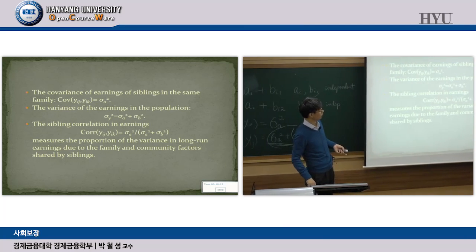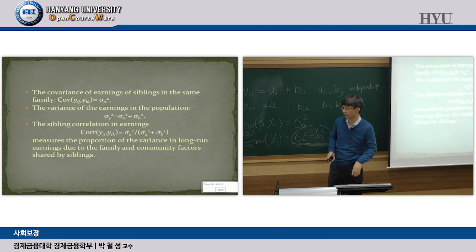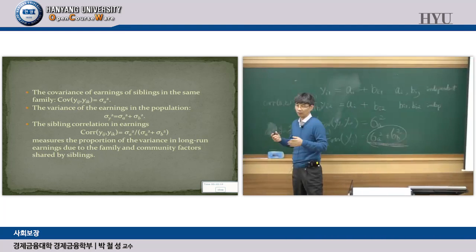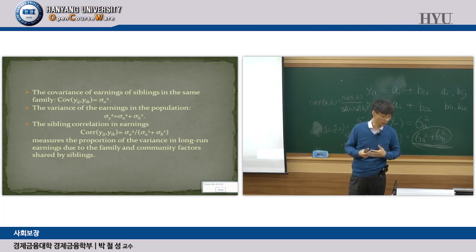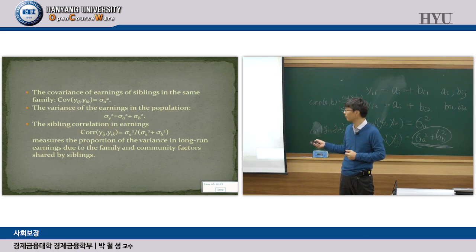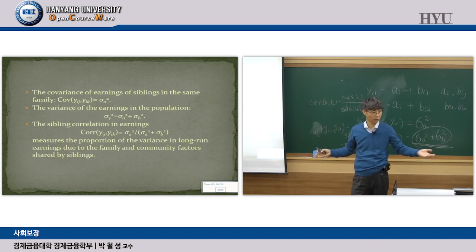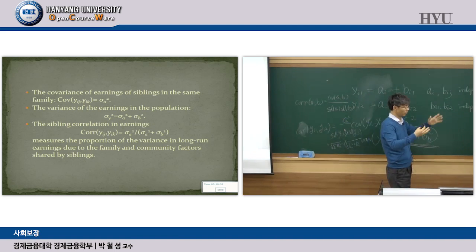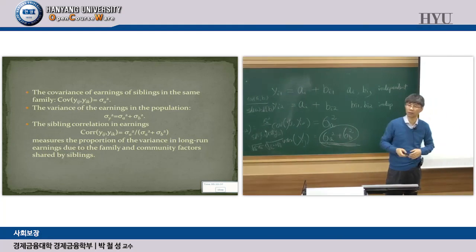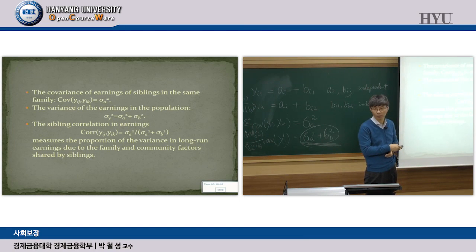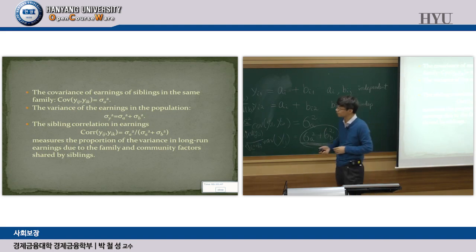And if it's half, let's say 0.5, then half of individual income is determined by the family factor and half is the individual factor. So basically, if we have a correlation of siblings' income in, let's say, the Korean population, then that number gives us how important the family factor is in determining the Korean individual's income.